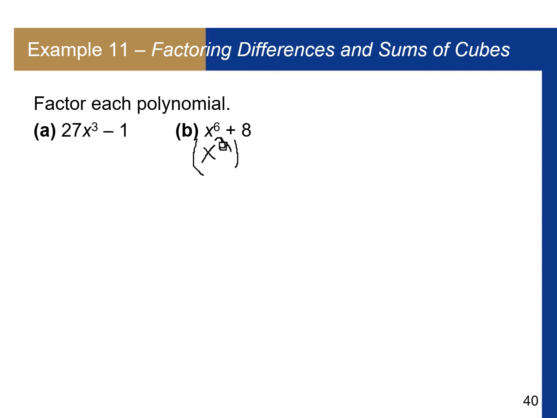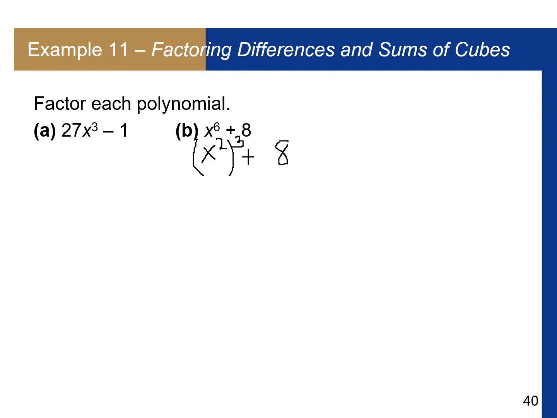That would make it a sum of cubes. Okay, so we have x squared to the third power, and then plus 8. So that would make it a sum of cubes.